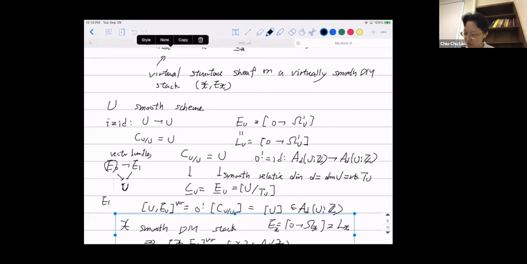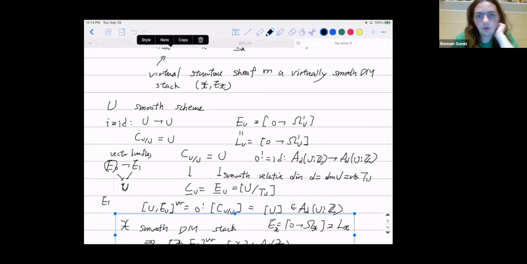This is the total space of vector bundles: E1 and E0 are schemes, and then we quotient by the action. So it's an Artin stack, and this Artin stack has a map to U.